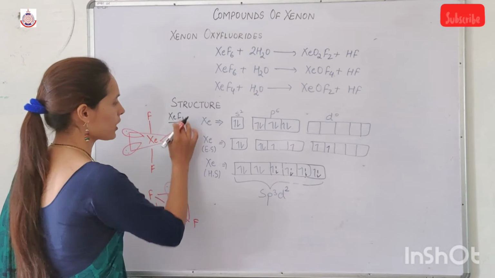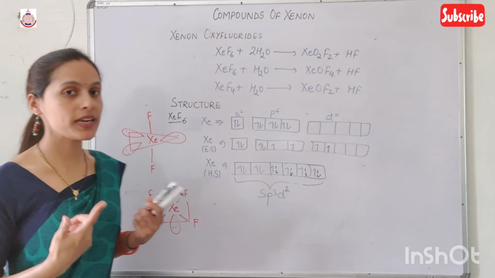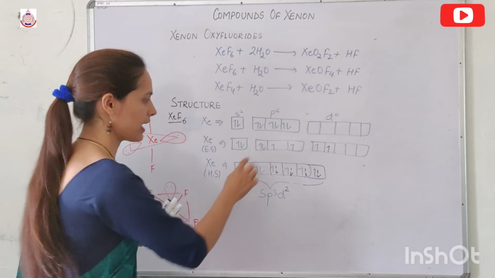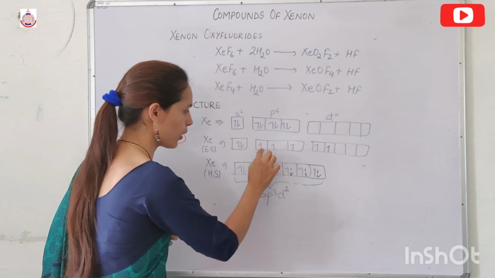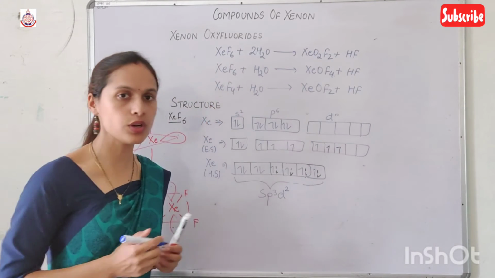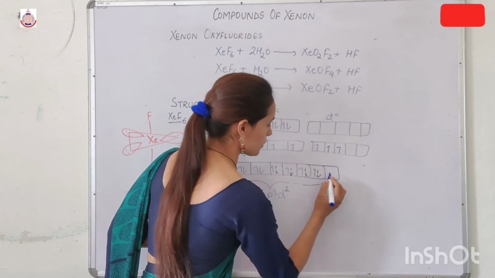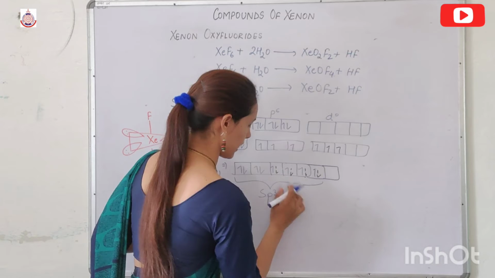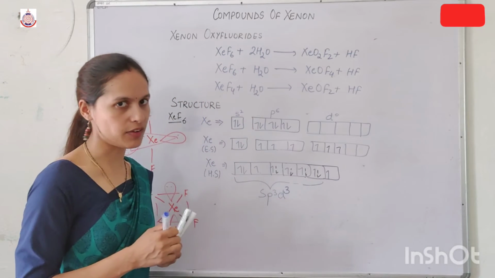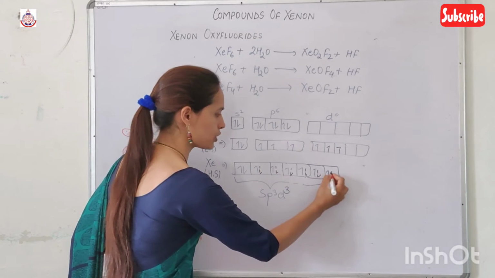Now if I talk about XeF6, how many half-filled orbitals do I want? 6 half-filled orbitals. As a result, 1 more electron from the p orbital jumps to the d orbital, and I get sp3d3 hybridization, with 6 half-filled orbitals in which the fluorines occupy positions.